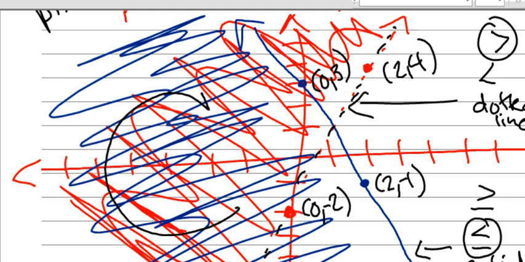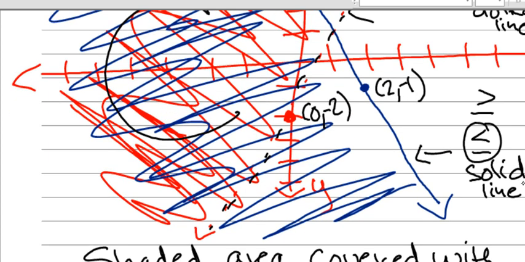I'm going to connect the 0, 3 and the 2, negative 1 with a solid line. And it's less than or equal to. So I'm shading below the line. So everywhere that's shaded in blue is my answer for the second linear inequality.